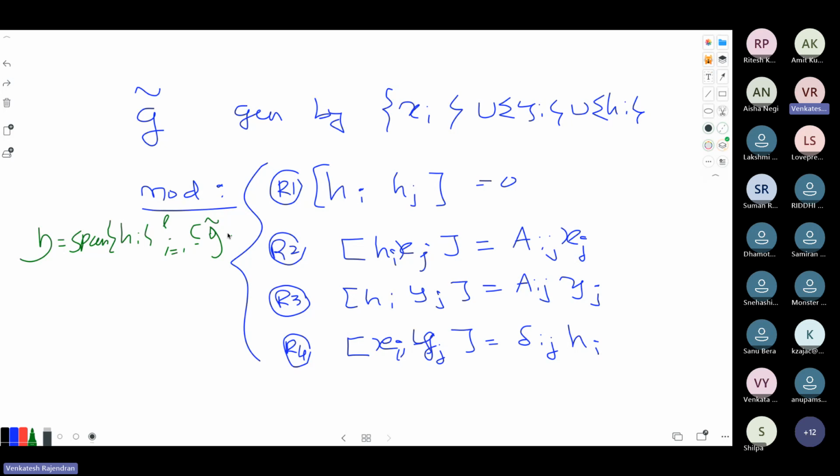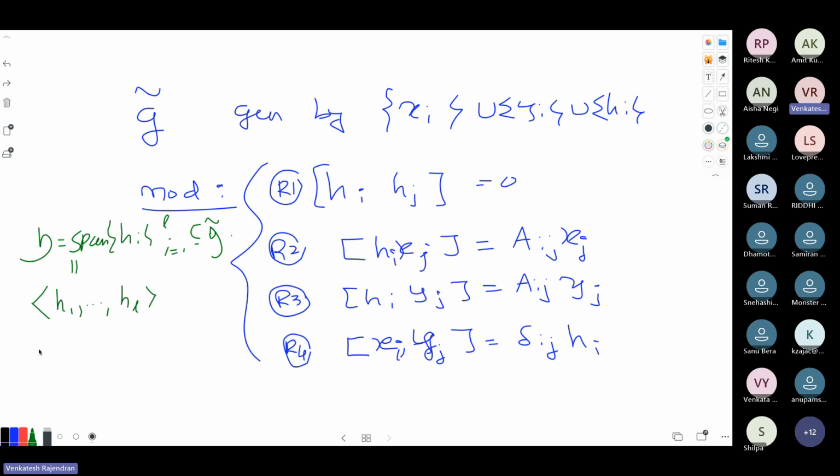But if you read the relations carefully, the h_i should not have any linear relations. Except that [h_i, h_j] is 0, which makes this abelian. So it is clear that the subalgebra generated by h_1, ..., h_L is exactly the span of h. But since you are working in G tilde, there is no guarantee that you will end up with an L-dimensional space. So that is the first thing you need to check.